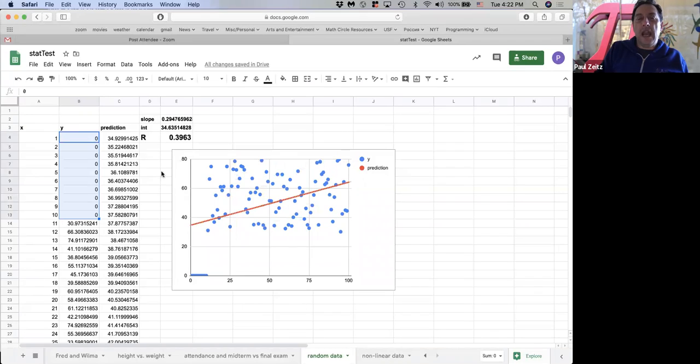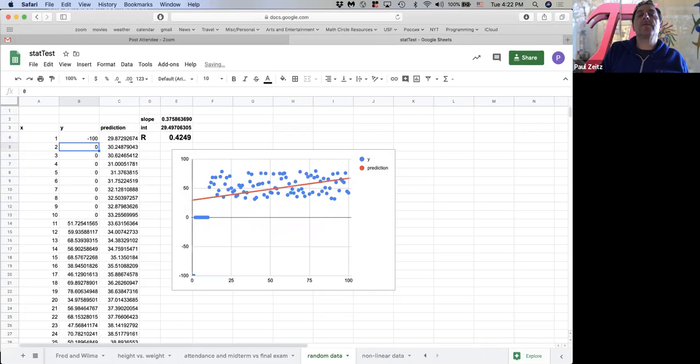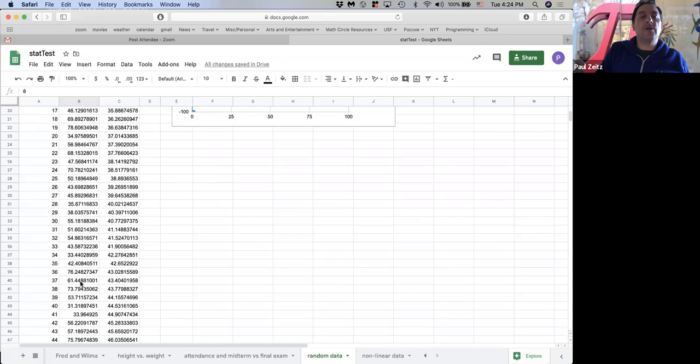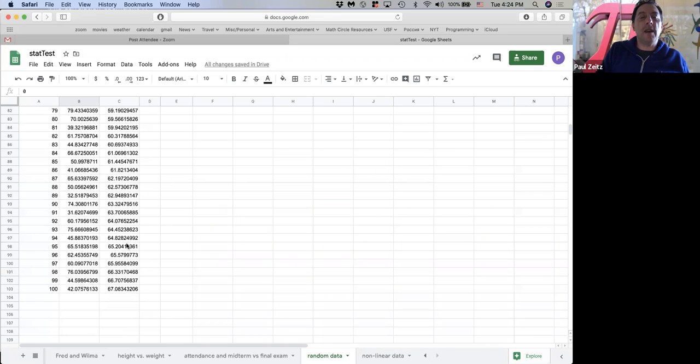Okay. And I'm going to do something even worse. I'm going to make this Y be, say, negative 100. And I'm going to go down to some of these big values and make them big, just a few of them. I'll make this be 100, and I'll make those 100, and I'll make these 200.